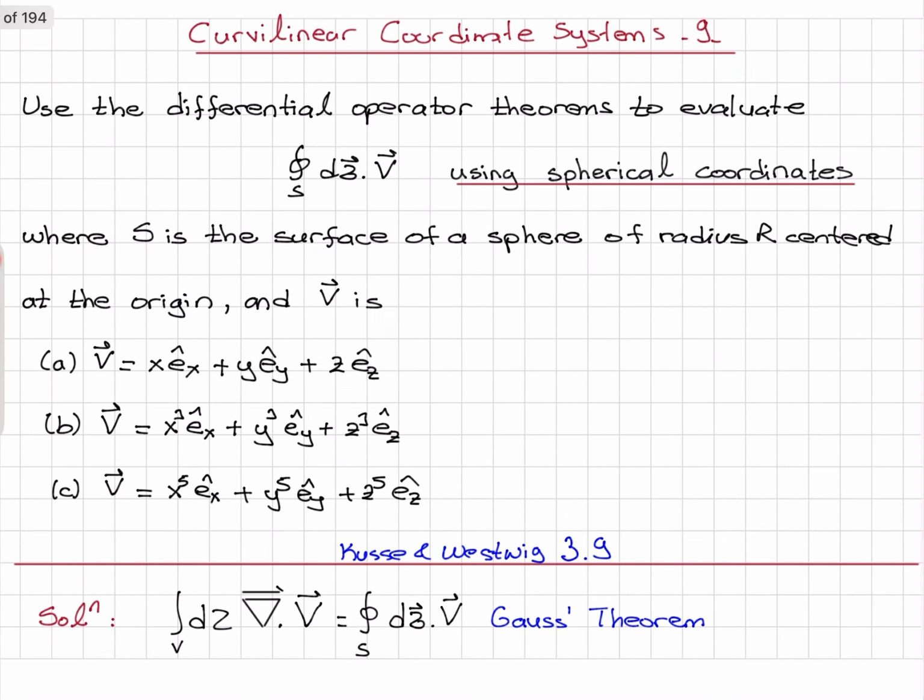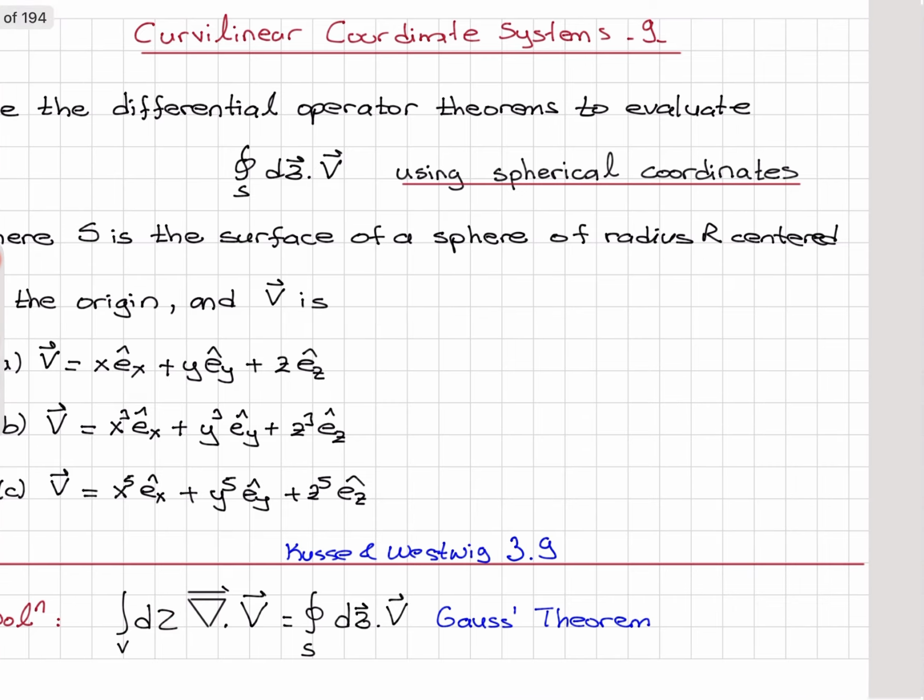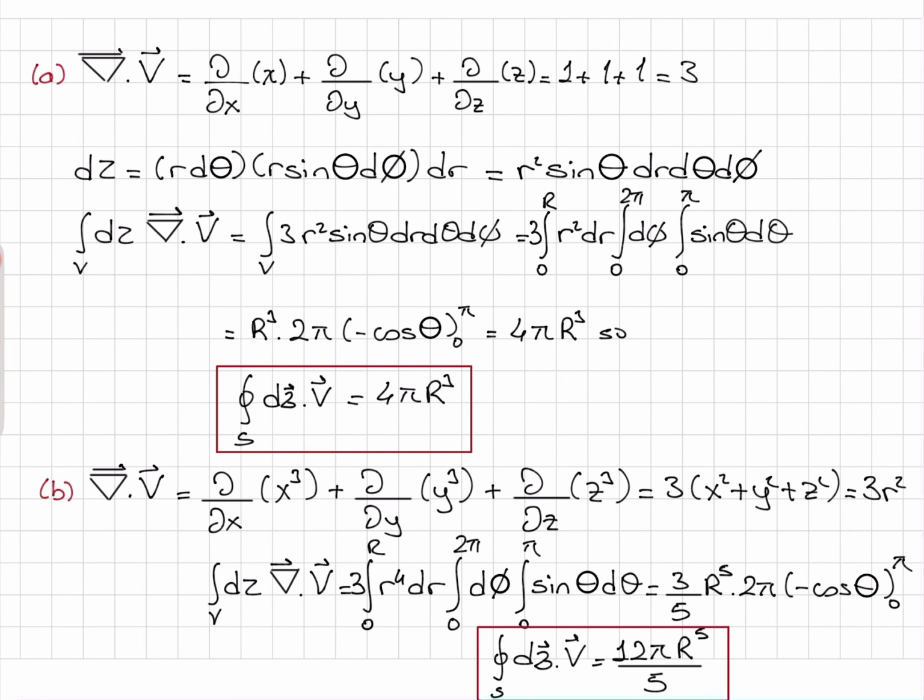Okay, since I've already done part A, I know what d tau is in spherical coordinates, r squared sine theta dr d theta d phi, and the divergence of v gave me another factor of 3r squared. So r squared becomes r to the 4th power, and the radial integral goes from 0 to capital R of r to the 4th power dr. Then the azimuthal angle I have to change from 0 to 2 pi, and the polar angle from 0 to pi, to cover the full spherical volume.